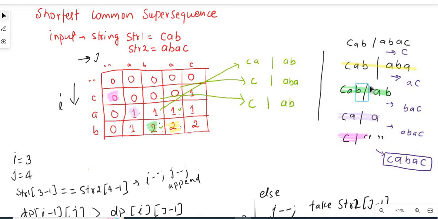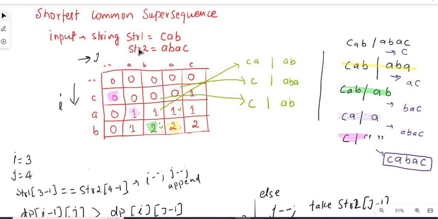In the longest common subsequence, we make a DP array, and we try to fill in the values, like what is the size of the maximum subsequence that we can find from these two strings. I'll go over that algorithm very quickly.